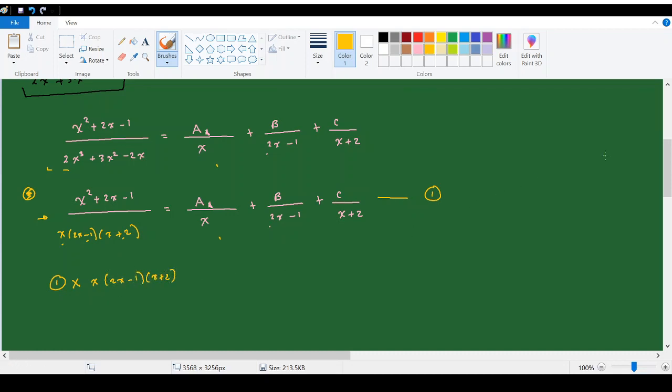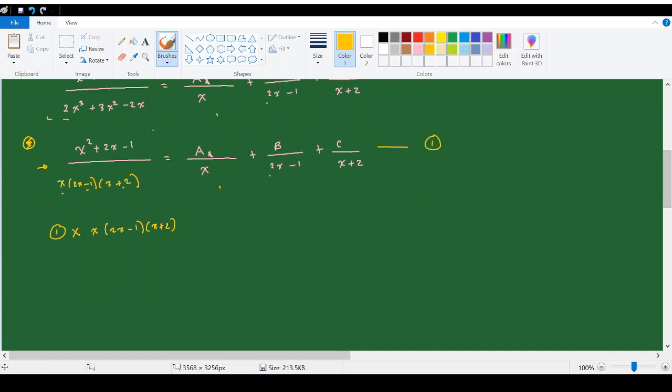then on the left hand side, if you multiply with this product, that product along with the denominator will cancel out. So what remains is the numerator of the left hand side.